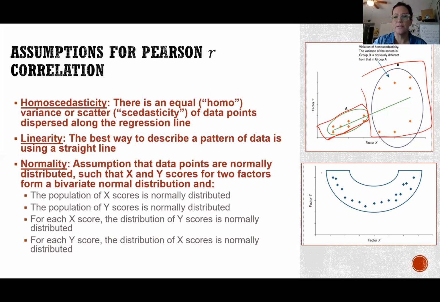For example, this is what is considered a U-shaped data set. In research, actually, this is an interesting one. In previous years, there was research done on marital satisfaction and the years married.